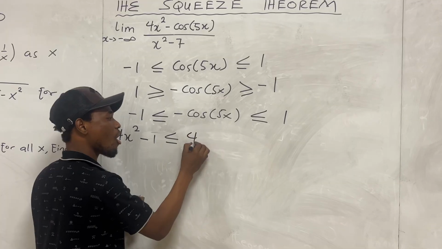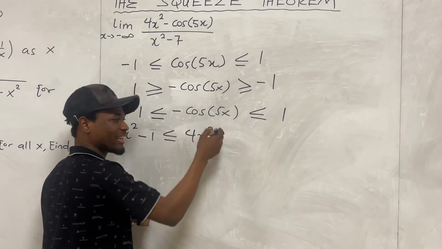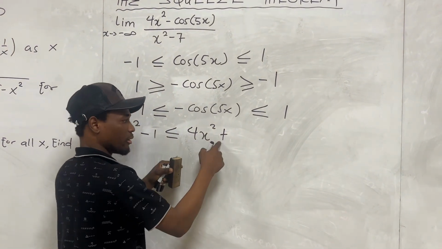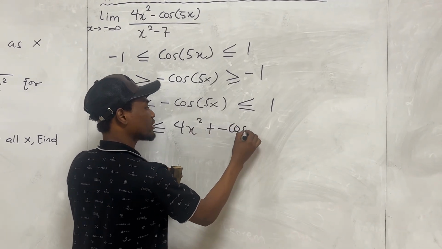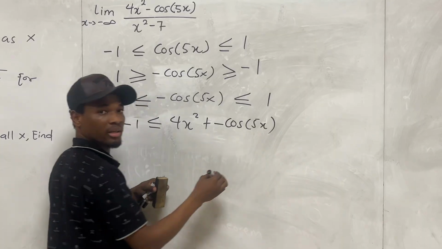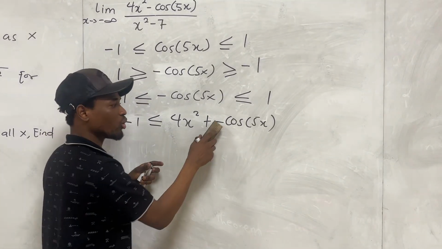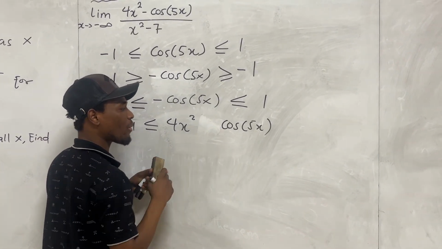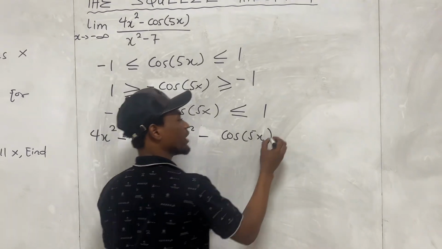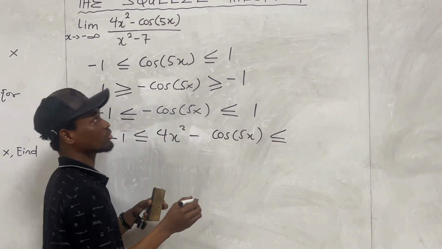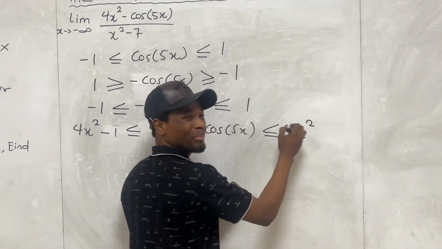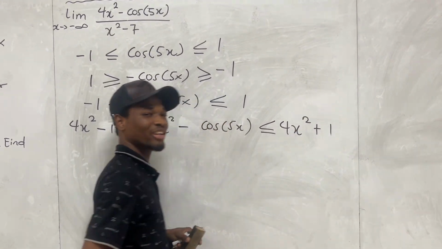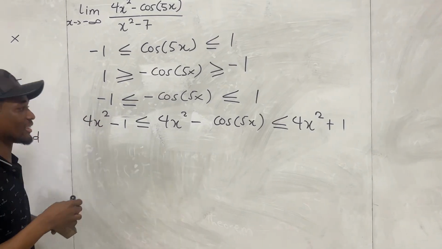So you have 4x squared being added to negative cos 5x. Negative and positive, when they commute, we have our negative. Then less than or equal to, we have 4x squared being added to 1. As simple as that.